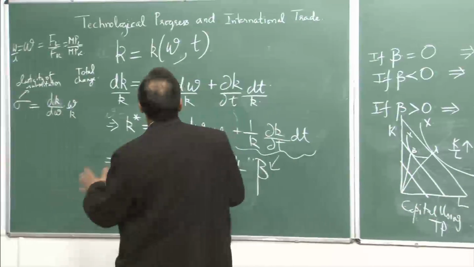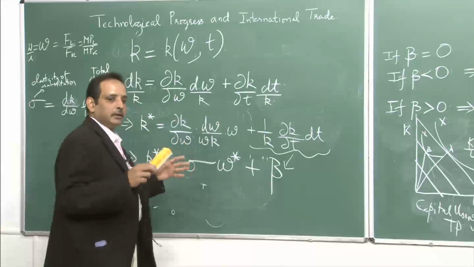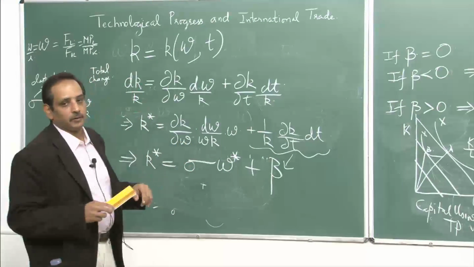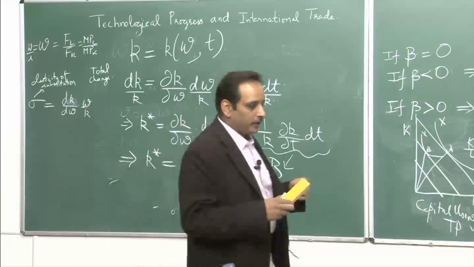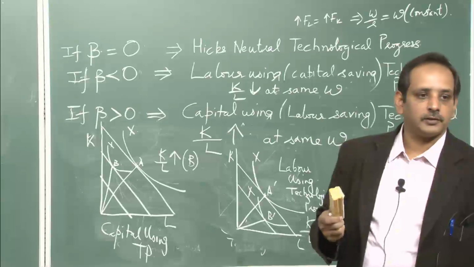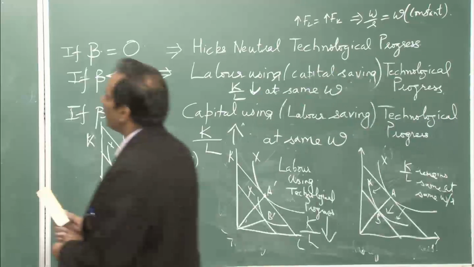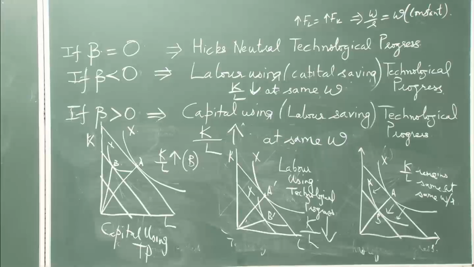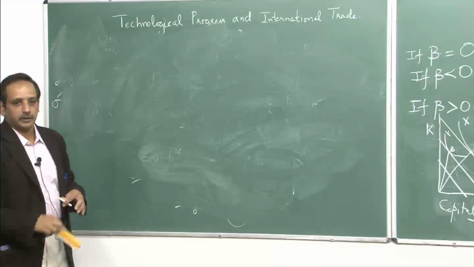Now, given our understanding of technological progress, we need to see how technological progress has an impact on international trade. So, for this I would make a diagram showing the production possibility frontier of a country, and then we will introduce technological progress in the model.